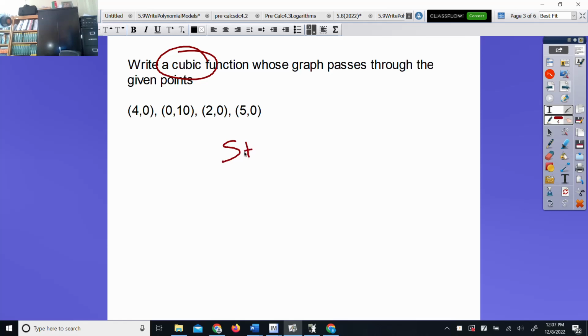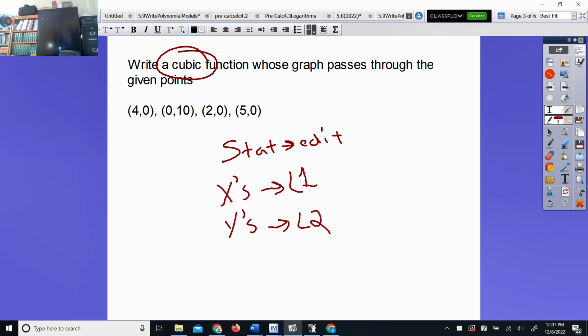There you go. And it will be highlighted. What goes into list one? X's. Your X's are in list one. Your Y's are pushed into list two. Hopefully, unless dyslexia kicks in, you should be able to do that.